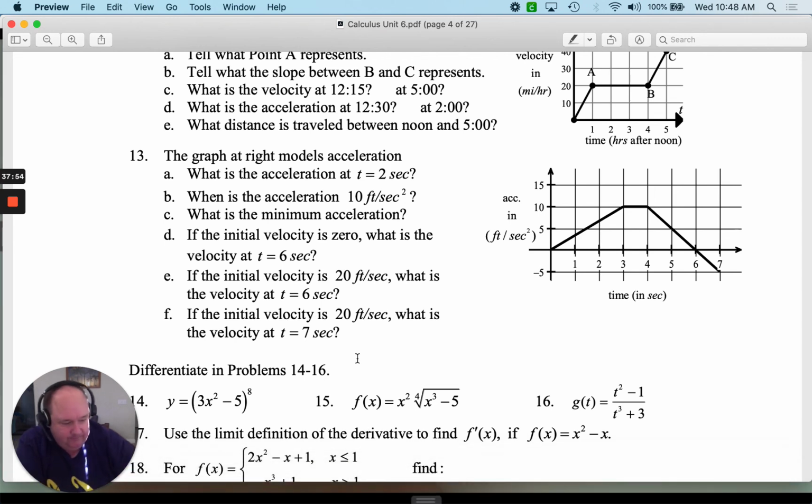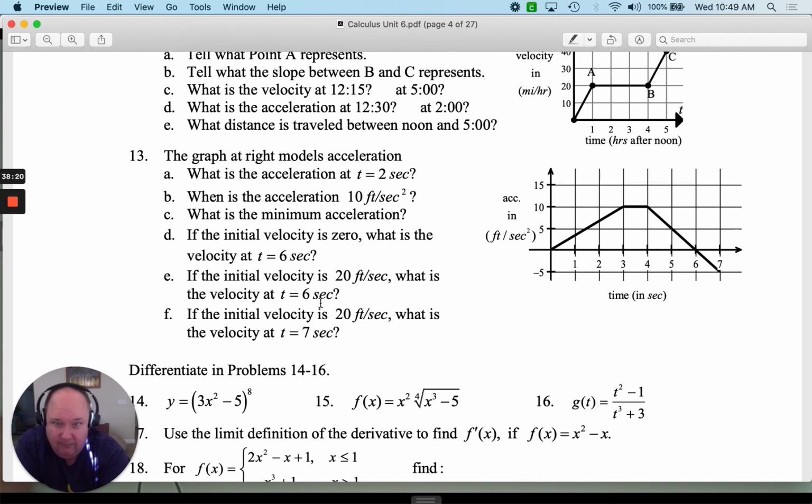E. If the initial velocity is 20, what is the velocity at 6? So then you just go 20 plus 35, and you get 55 feet per second. Make sure it's that simple. Yep. And then F, if the initial velocity is 20, what's the velocity at 7 seconds?